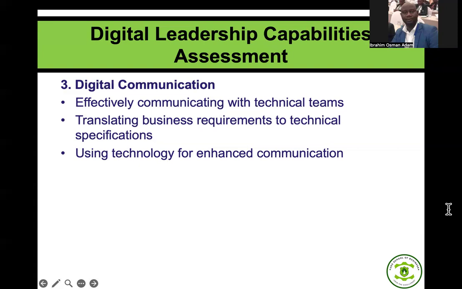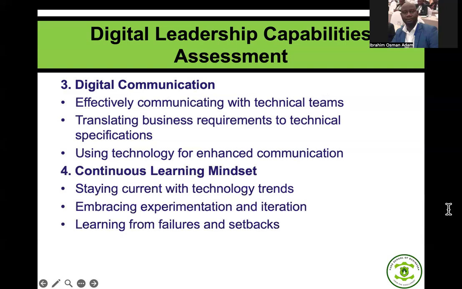The technical or functional requirements. As a leader, can you communicate what the employees in the organization want the technology to do to those who are going to develop the system in such a way that they will understand what your people want? Right? It's very important. Then the last but not the least is what? Continuous learning mindset.